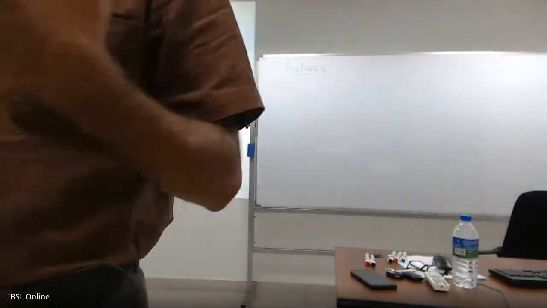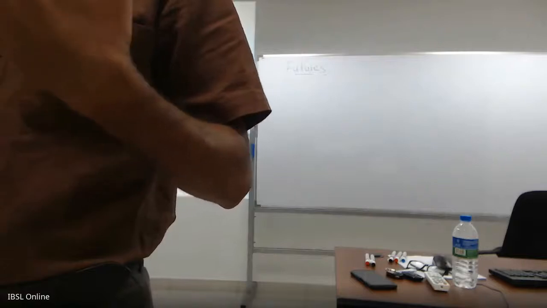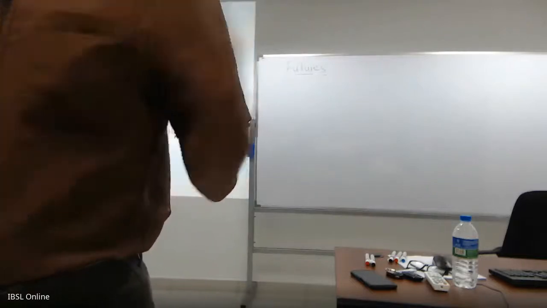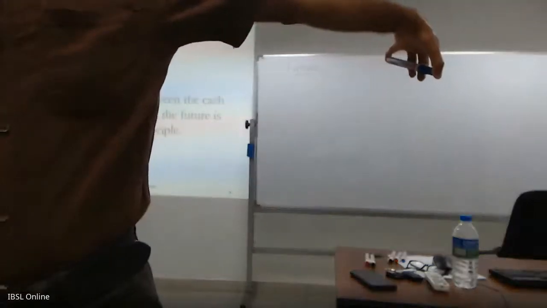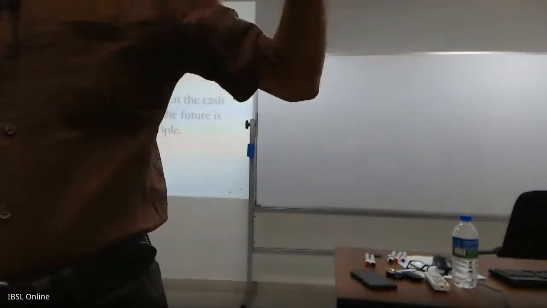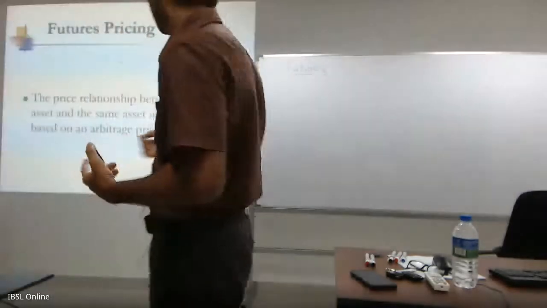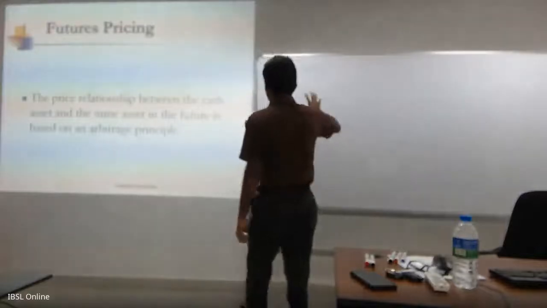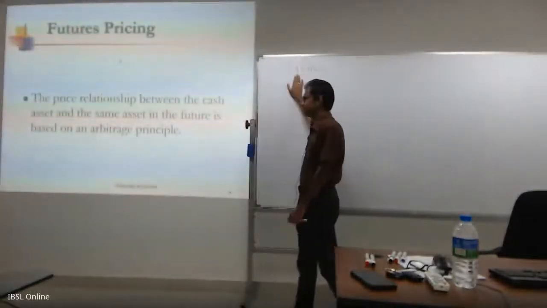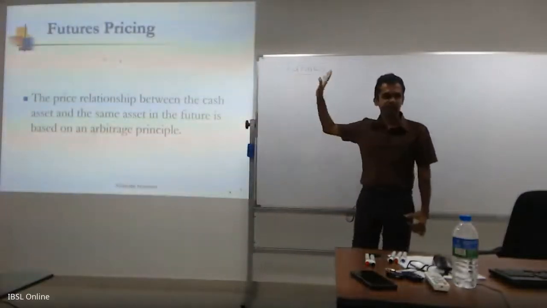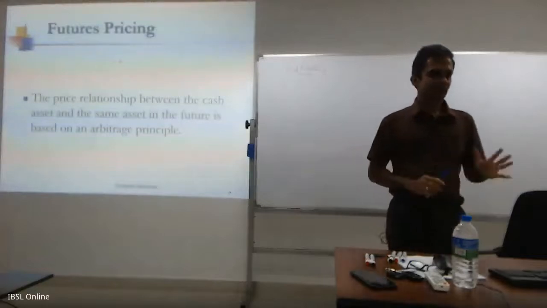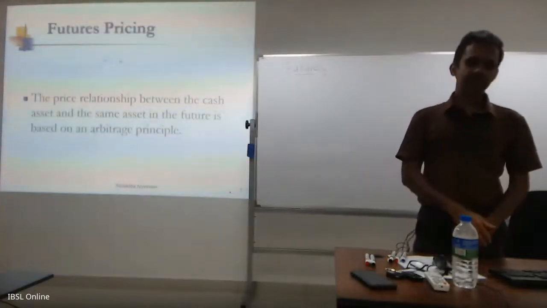Then only we make them similar and get that equation. That is to avoid any arbitrage. So even futures is again a forward contract, so this no arbitrage principle is followed.